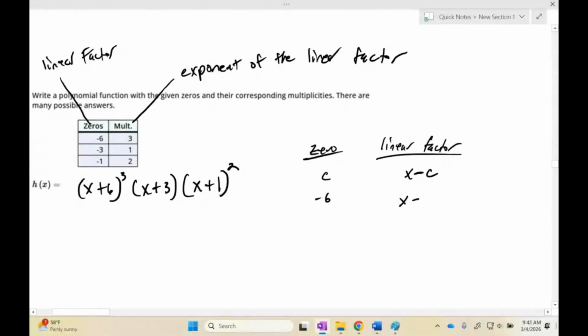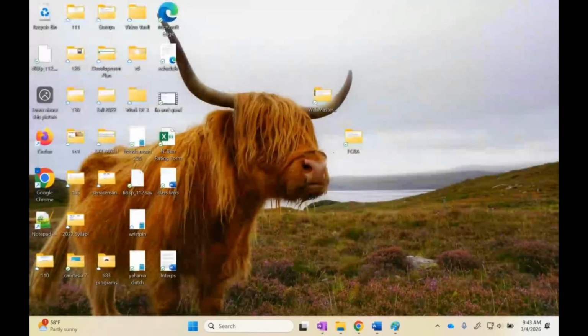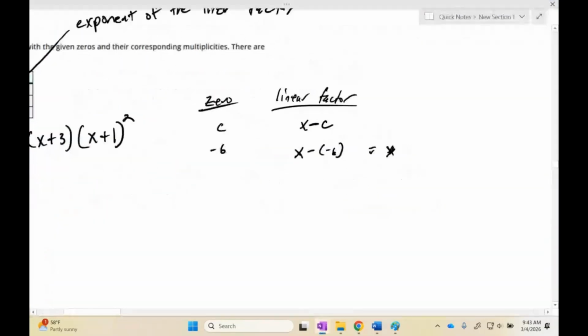So it's x minus, because that minus is a part of our formula. I must substitute c as a -6. That double negative gives us a positive, so we have x plus 6.